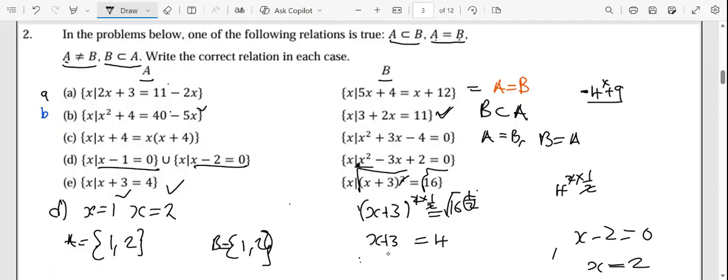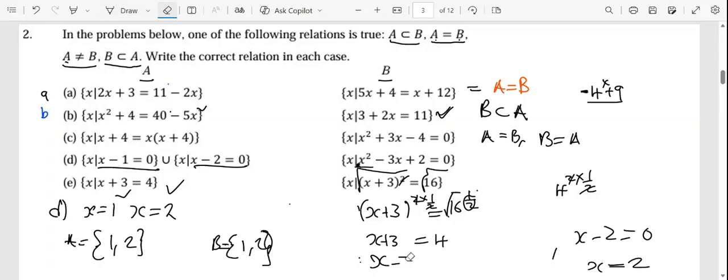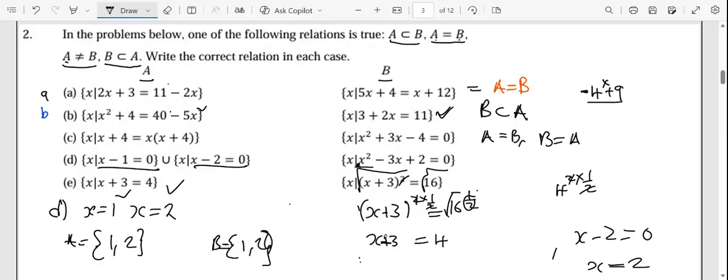Okay, so when you solve here, you find that x is equal to what? 7. No, 1. What will be the value of x? Yes, x is equal to 1. And if you are to solve this one, even x is equal to what?